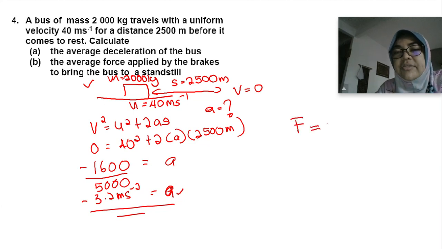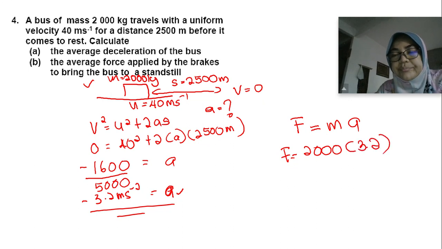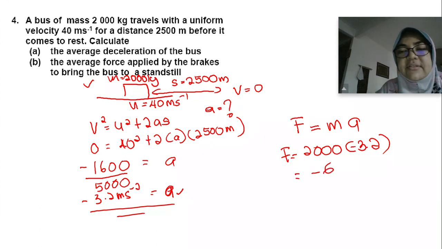So now by using F equals to ma, F we don't know, m is 2000 and a is negative 3.2. So 2000 times 3.2, the force is negative 6,400 Newton.